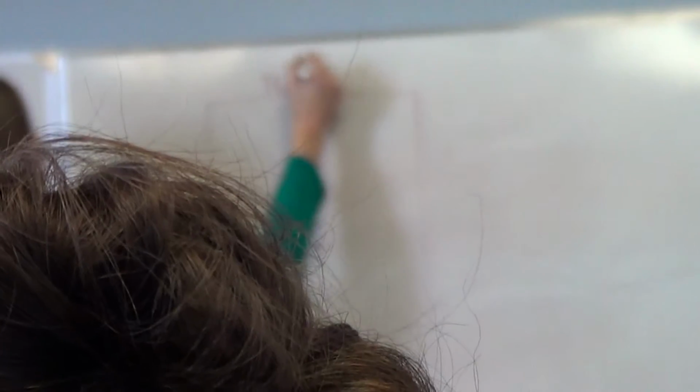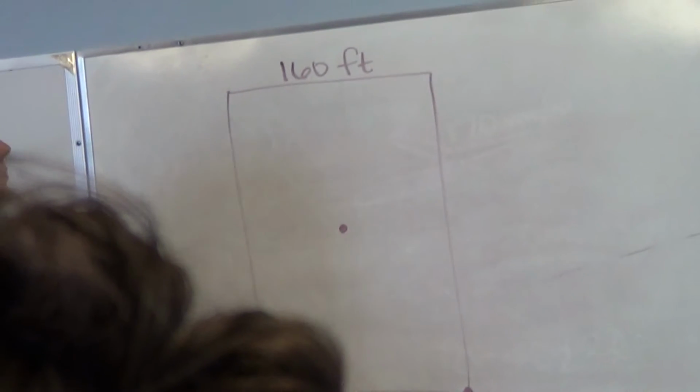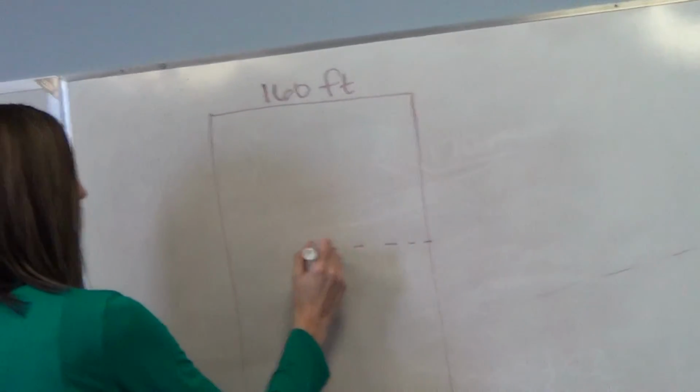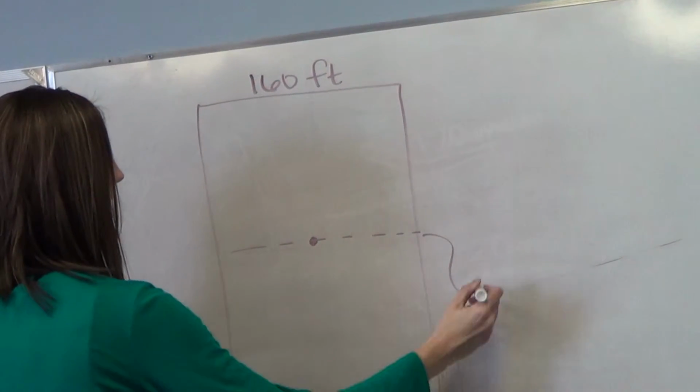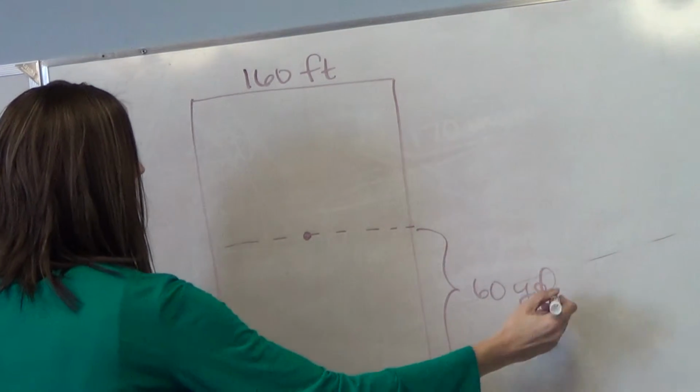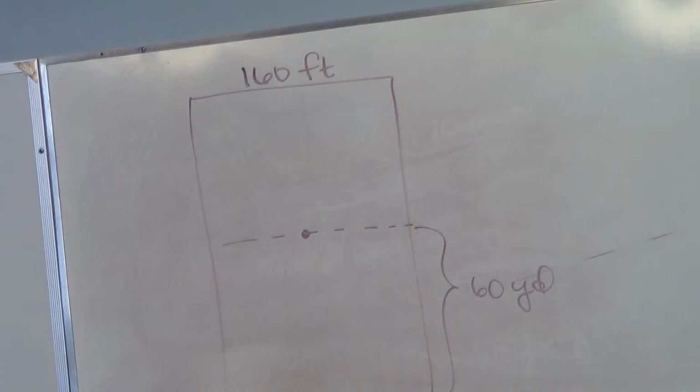If the football field is 160 feet wide, and is 60 yards from midfield to the back of the end zone, then how far did the ball travel from Avery's hands to Jamal's hands?